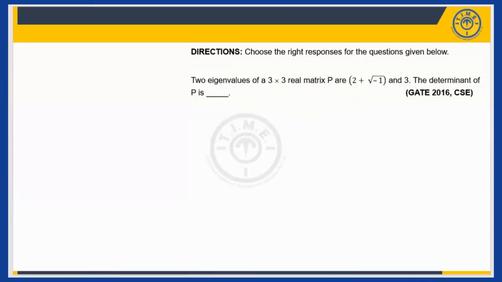And again, two eigenvalues of a 3 cross 3 matrix P are 2 plus root over minus 1, which is i, and 3. Now, according to the property, as we are saying 3 cross 3, P should have 3 eigenvalues. But we have been given only 2, right?